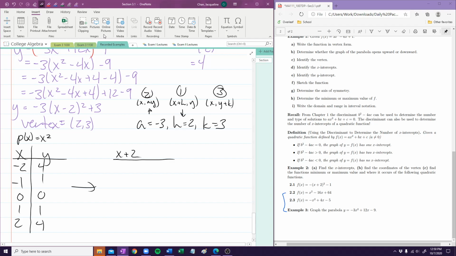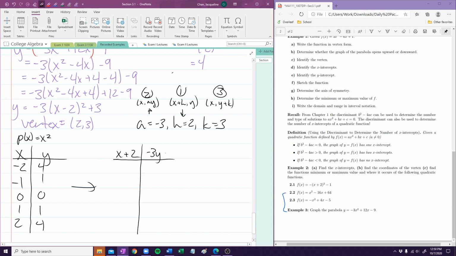Okay, but I'm just going to do it all at once. But again, I just wanted to say this is why the stretches and shrinking went first, because multiplying came before this. Again, if you did the horizontal shrinking or stretching, it would be a number like a and then times the quantity x plus 2, for example. Okay, but luckily we never have to worry about this in vertex form.